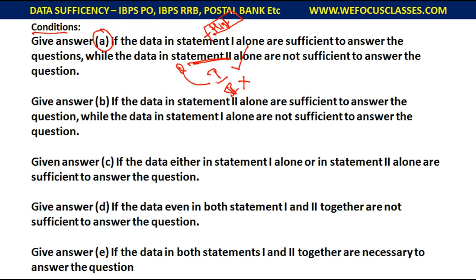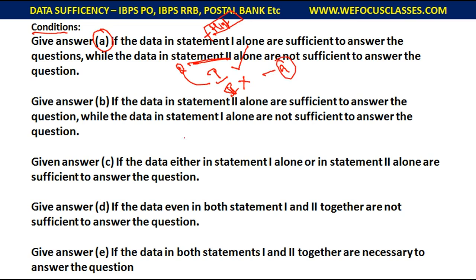Means, even after getting the answer by using the first statement alone, you should confirm that from the second statement, you cannot solve the question. Means, after looking at both the statements, you are confirming that only the first statement gives the answer. Only the first statement is sufficient to answer the question. Then your option is A, friends.